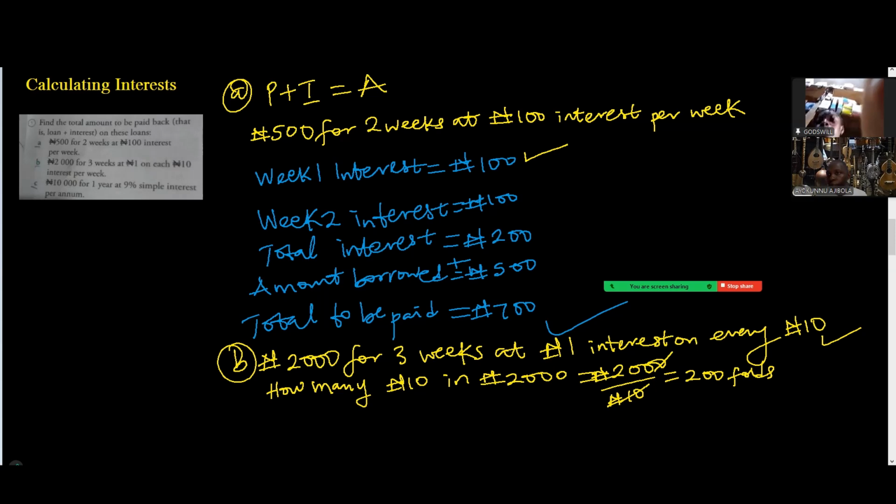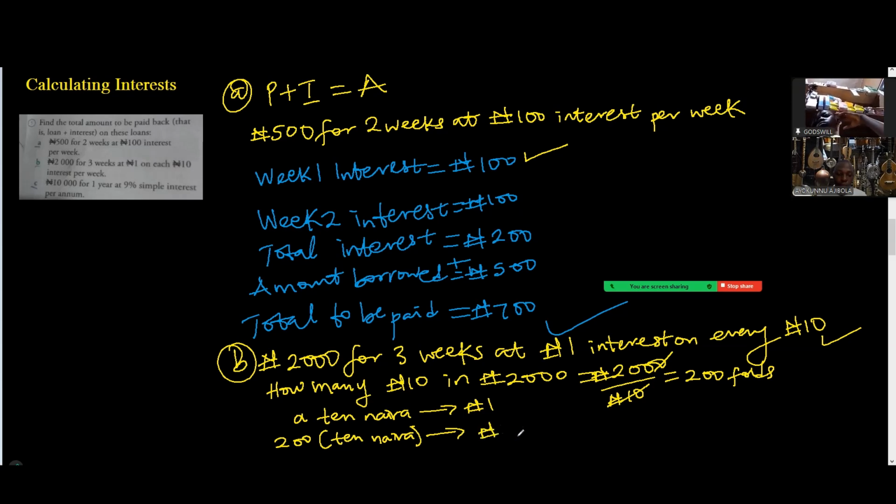So if a 10 naira has an interest of 1 naira, then 200 of 10 naira will have an interest of 1 naira times 200, which is going to be 200 naira interest for 1 week, okay?